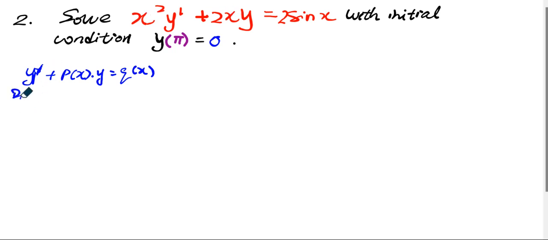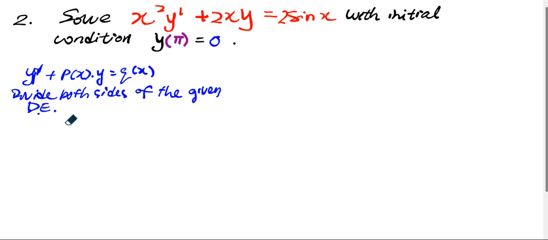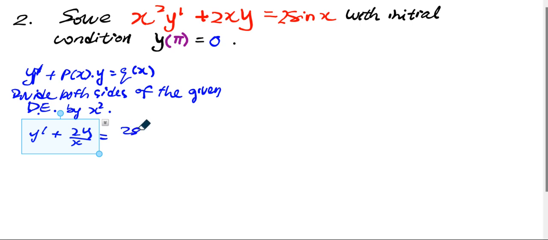So we need to divide both sides of the given differential equation, which I'm just going to call DE, by x squared. So in this case, we'll get y dash plus 2y over x equal to 2 sine x over x squared.